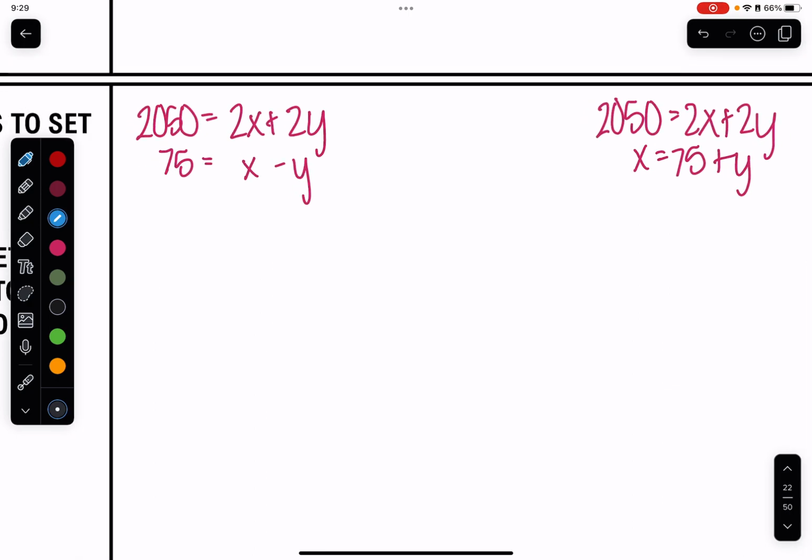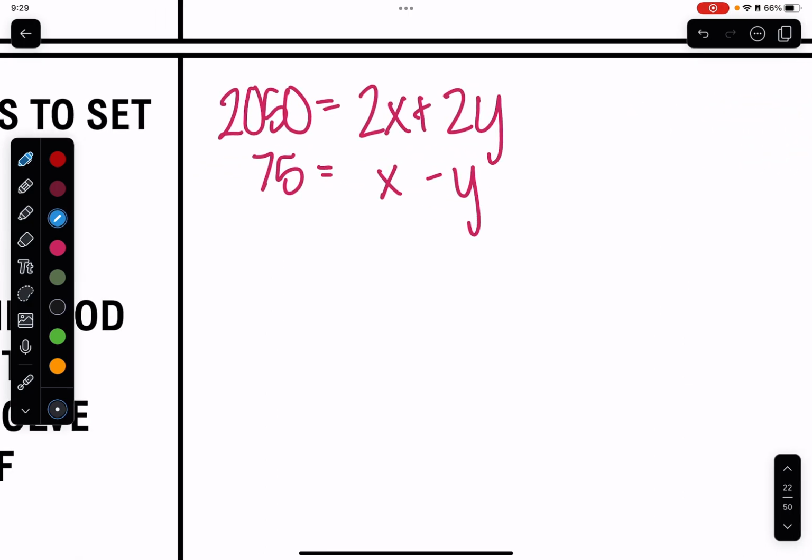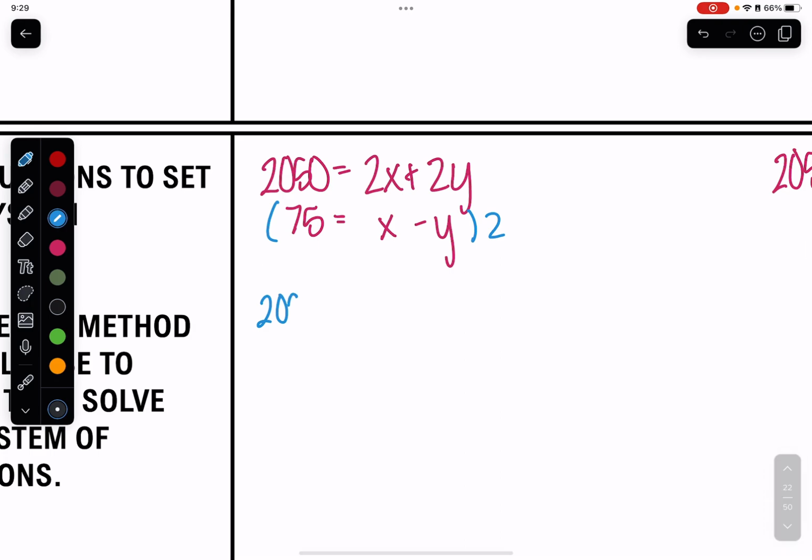If I want to solve this first system, it doesn't matter, we need both variables. I think the easiest one here is to multiply the bottom equation by 2 so that my y's will cancel. I have a minus y there, so if I multiply by 2, it becomes a negative 2y. So we have 2050 equals 2x plus 2y, and 150 equals 2x minus 2y.